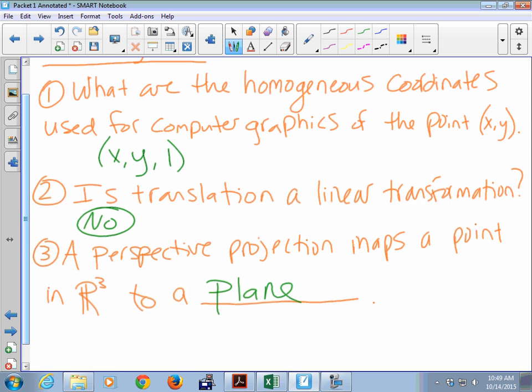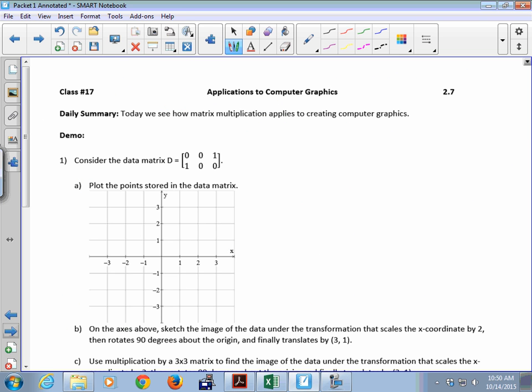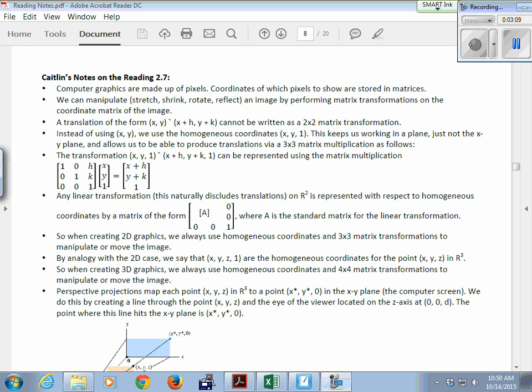A point in R2 is all right, I'll give it. Yeah, that was the answer. Sort of, this is how you do this in today's lesson.